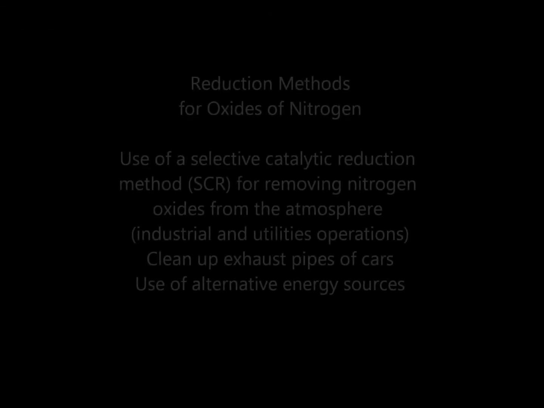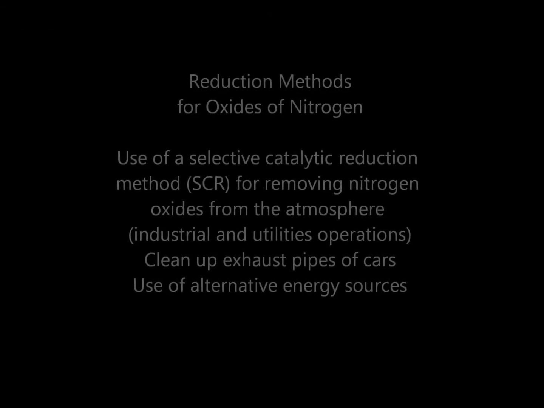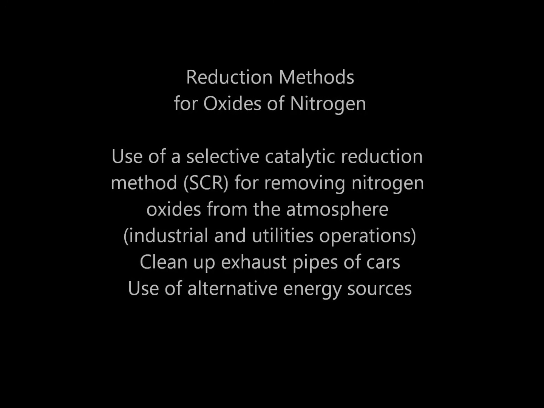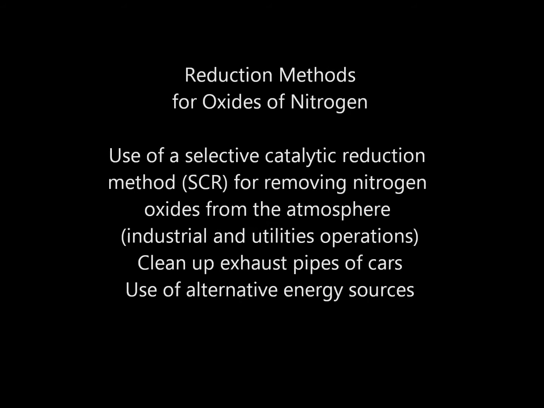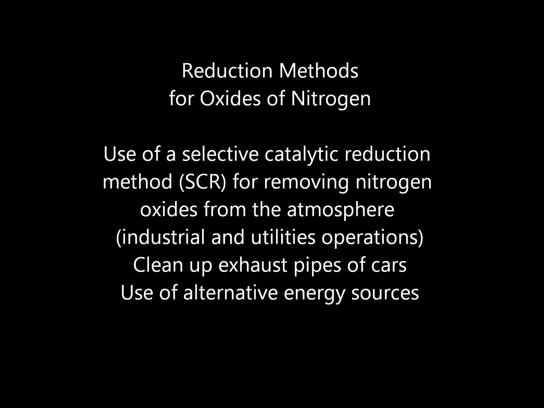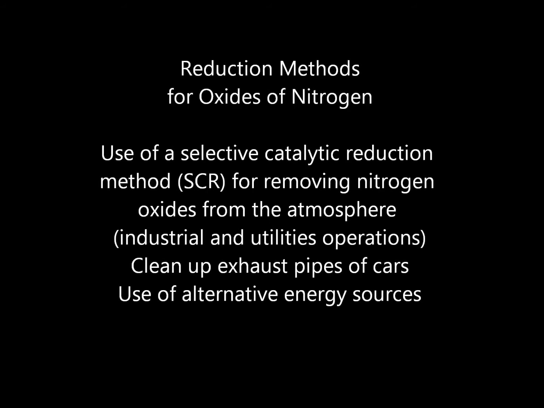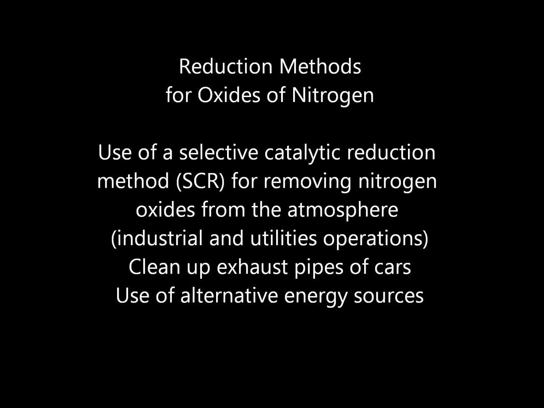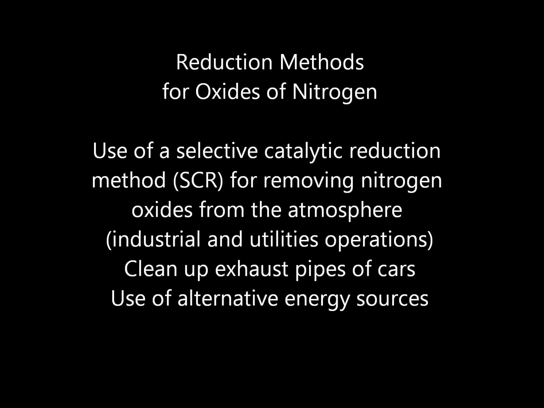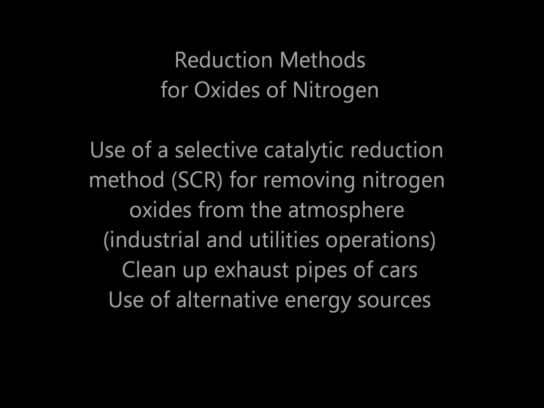In order to reduce these emissions, we can use a selective catalytic reduction method known as SCR for removing nitrogen oxides from the atmosphere. This is mostly used in industrial and utilities operations. We can also clean up exhaust pipes of cars and use alternative energy resources, which are two methods similar to that of reduction of sulfur dioxide.